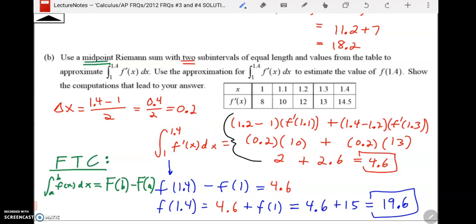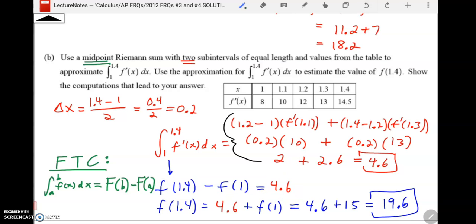They ask you to approximate f of 1.4. This part isn't difficult, but we maybe haven't made the connection that I can use the fundamental theorem of calculus to solve an equation.